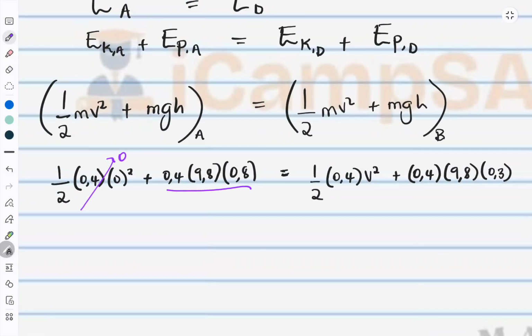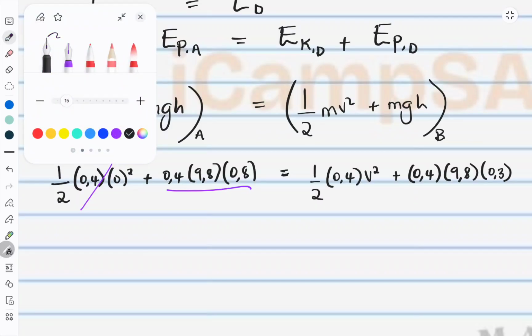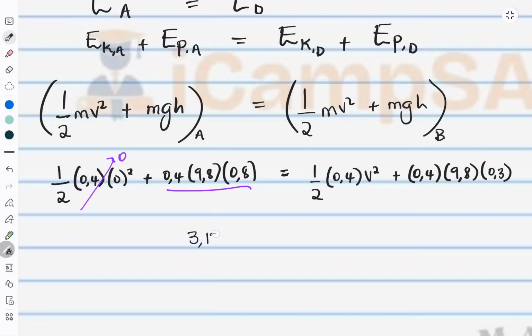So that's 0.4 times 9.8 times 0.8. We get 3.136 equals 0.2 v squared plus 0.4 times 9.8 times 0.3.